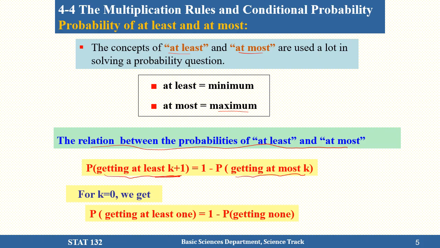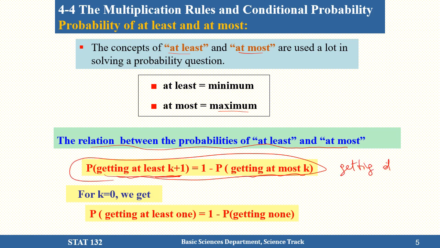We use the complement here because getting at least k plus 1 means not getting at most k. This is why we have this 1 minus, because they're complements of each other.